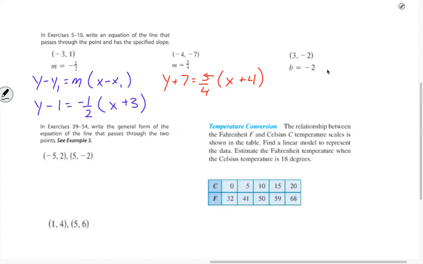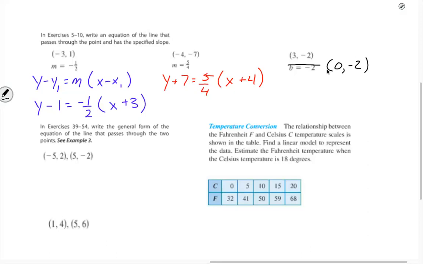Yeah. All right. Now up here, I have 2 points, right? 3, -2, and the y-intercept is -2, right? So instead of viewing it like this, I'm going to view it like that.